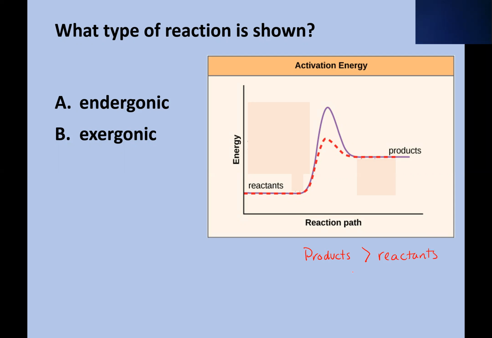So if you have a big number minus a little number, just say 10 minus 1, that's going to give you a positive number. So the delta G is positive, and we know that means it's an endergonic reaction, right? So you can see it's taking energy. You need to put some energy in here to make those products.